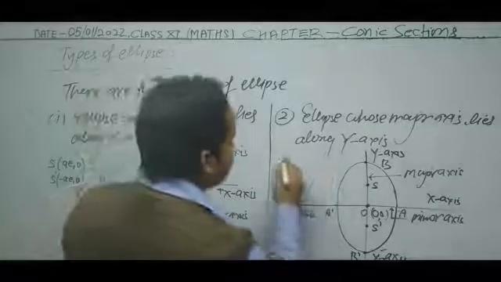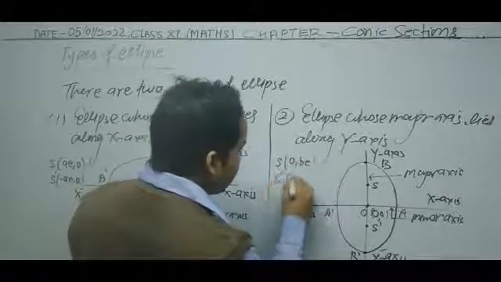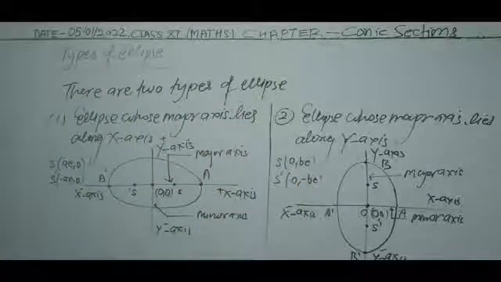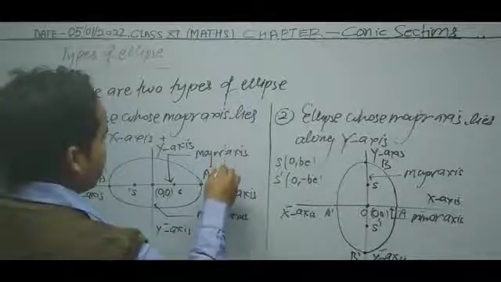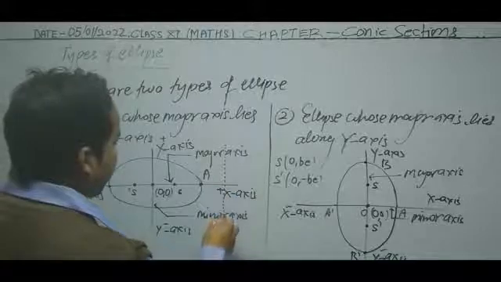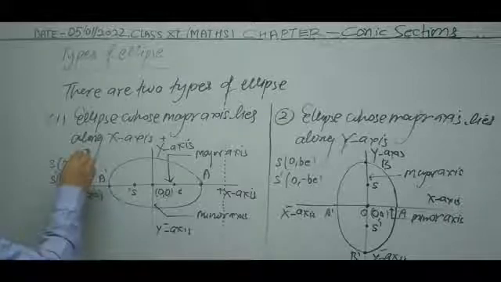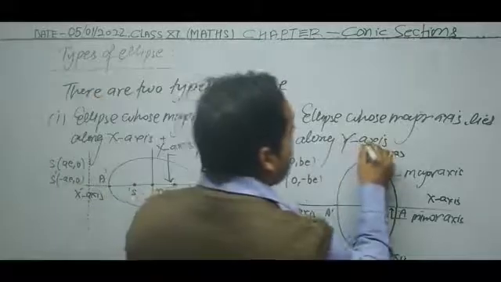Here S coordinate is 0 comma be and S dash coordinate is 0 comma minus be, and the center O coordinates. This is the line directrix.